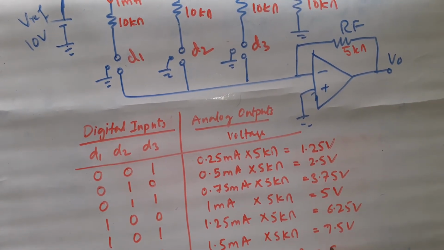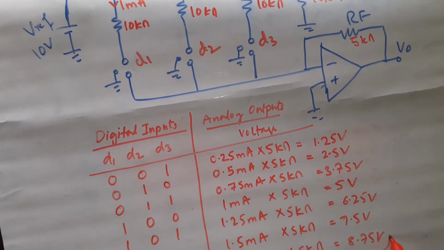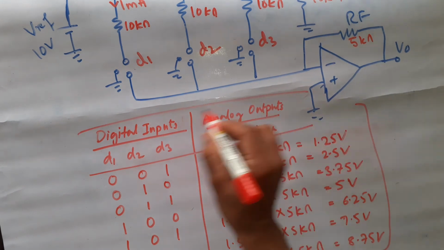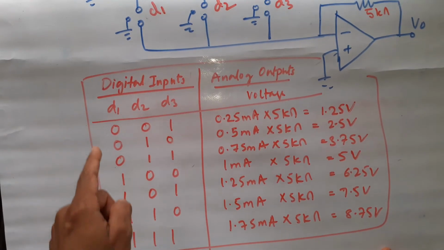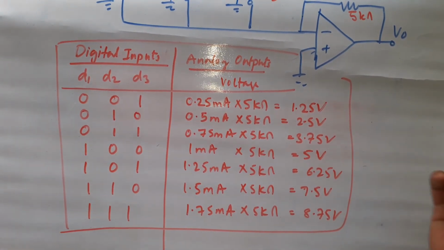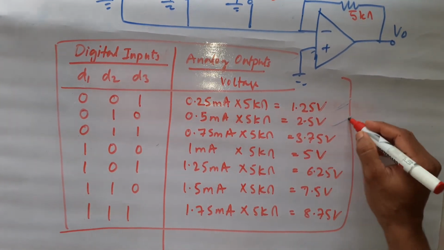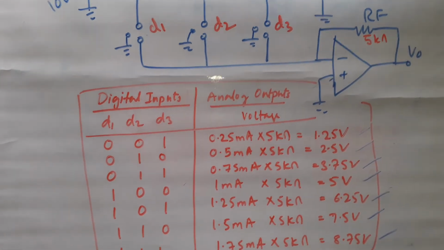So the maximum possible is 8.75 volts. This is the important table. So for this digital input, you will be getting this as your analog output.